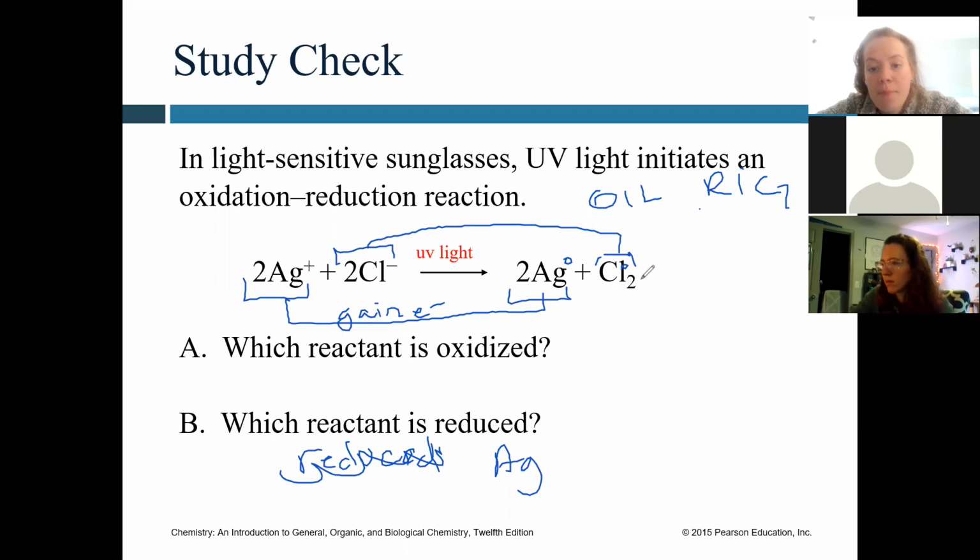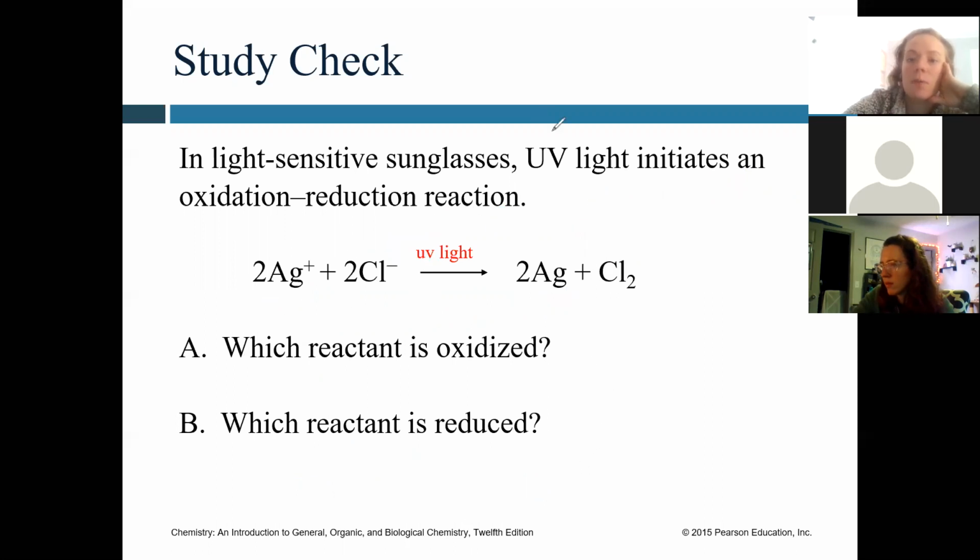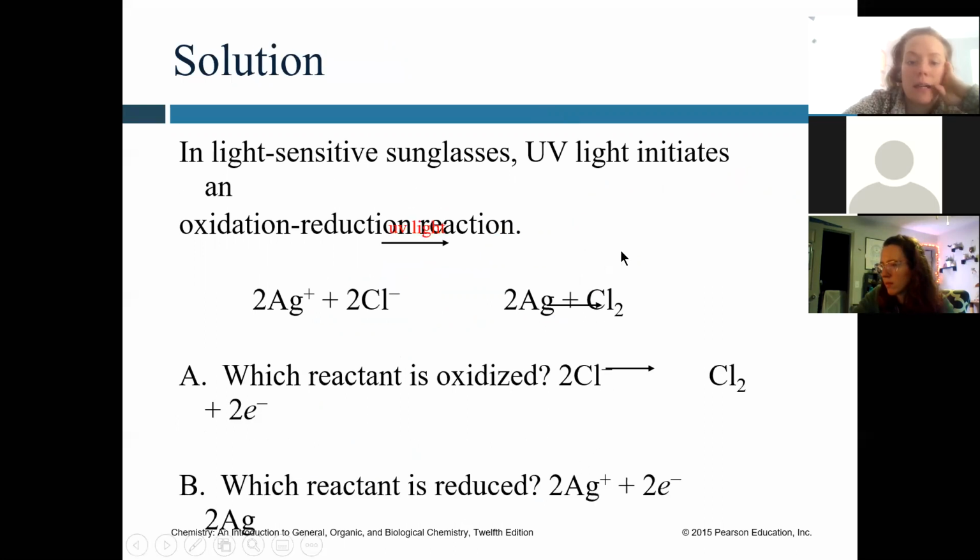So what had to have happened was we had to lose 2 electrons to make that happen. Loss is oxidized. So the chlorine, the Cl, is being oxidized. So pair them up, see which one's losing electrons, see which one's gaining electrons, and you'll get your answer on who's being reduced and who's being oxidized.